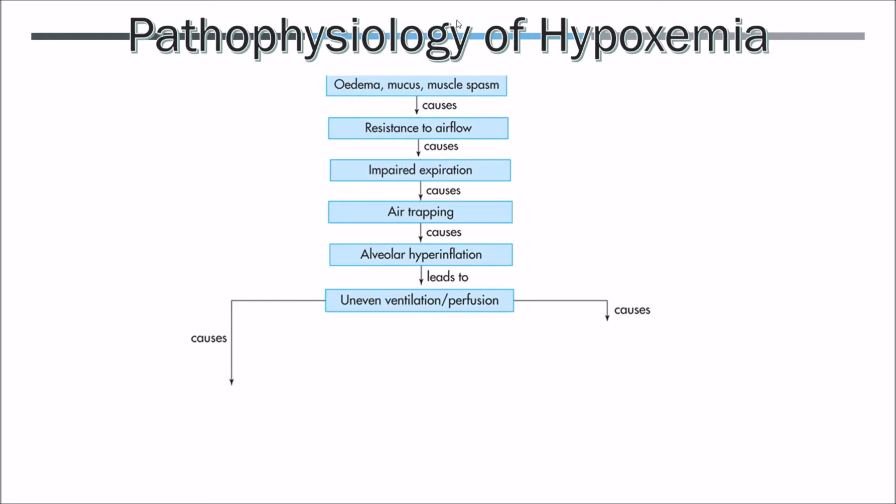Any decrease in surface area available for diffusion impairs oxygenation and is called airflow resistance.